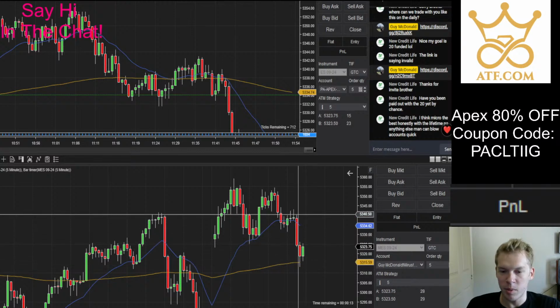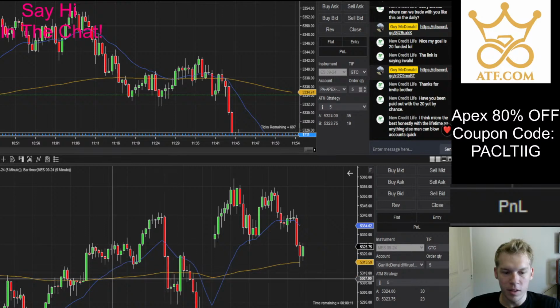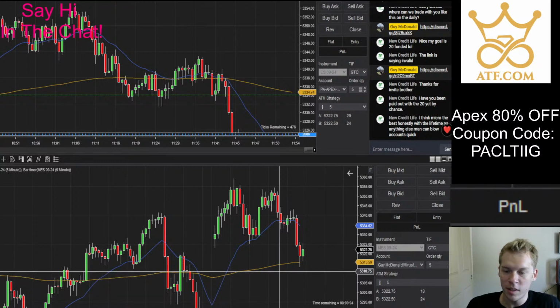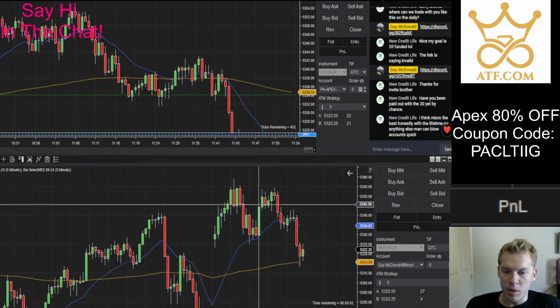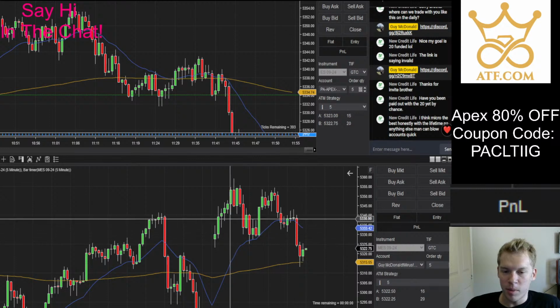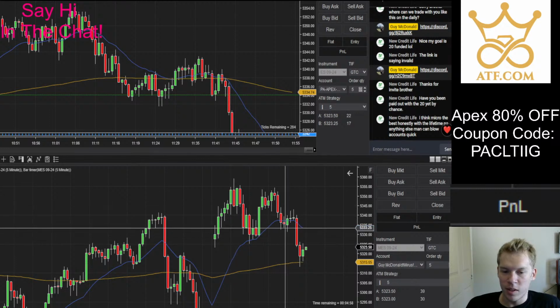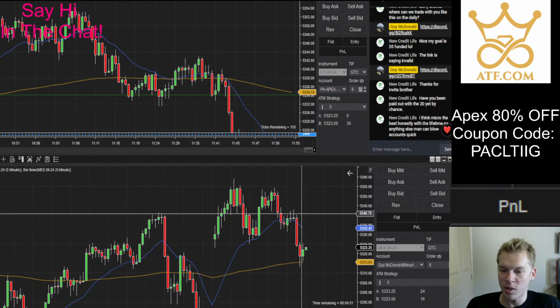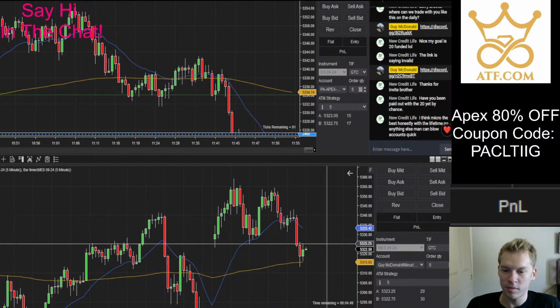That's not too large, but it's larger than what a typical day in June might have been, for example. And when you see bars being larger, then you need to trade smaller than what you normally would trade. So if a bar is twice as large, then you need to trade half the size.